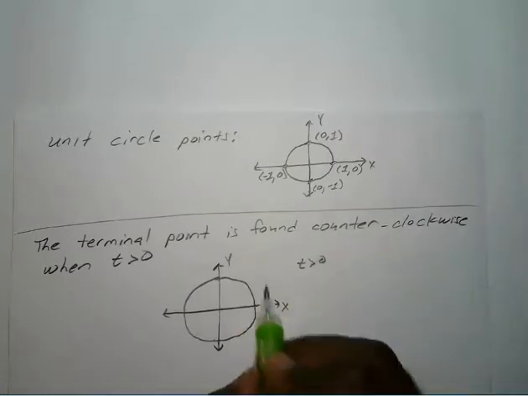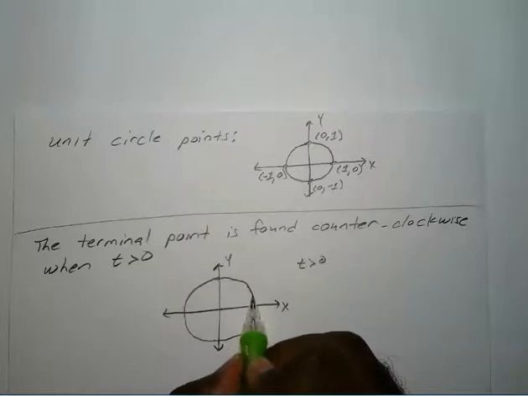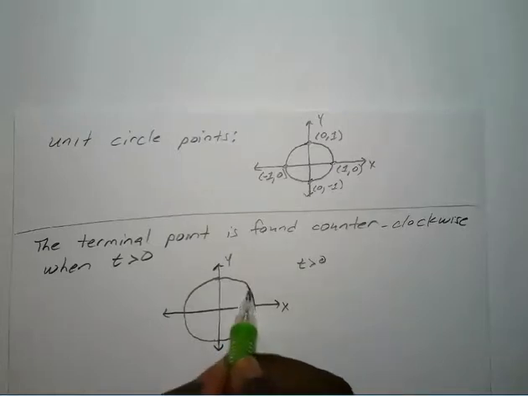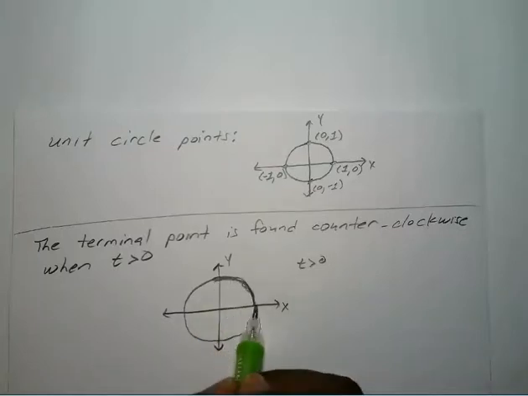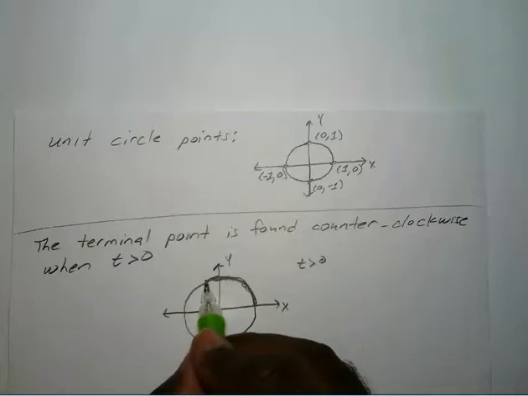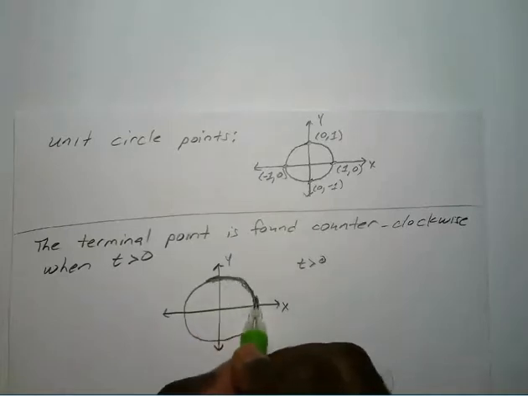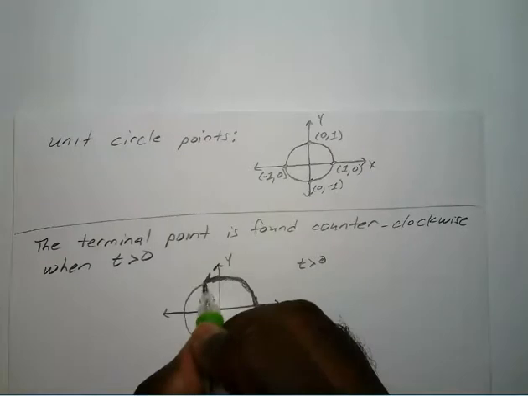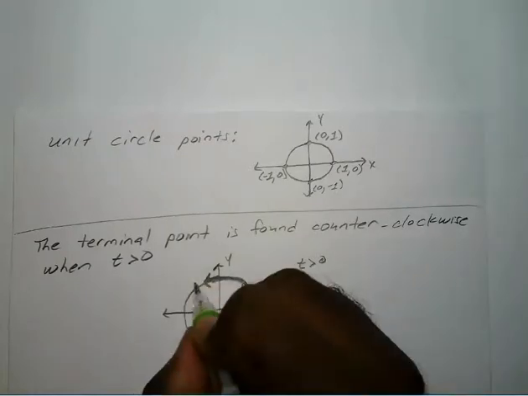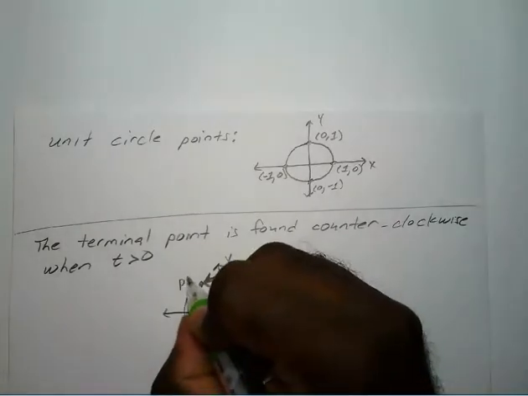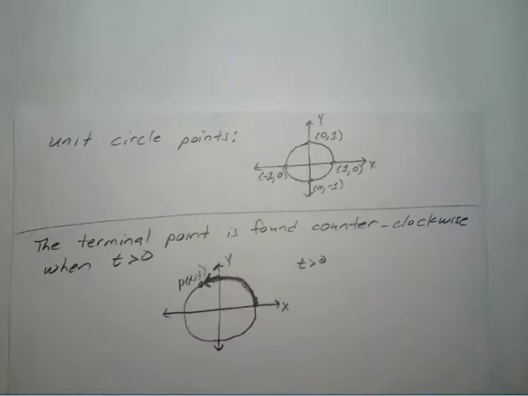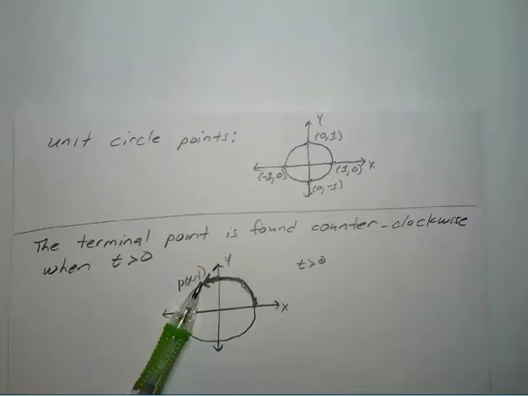Now, when t is greater than 0, you're going to go in this direction, so you're going to go counterclockwise. Your graph goes in this direction, and wherever it stops, at whatever point, that's your terminal point. So we'll call it point P of XY. Whenever you start here and go in this direction, it's positive.